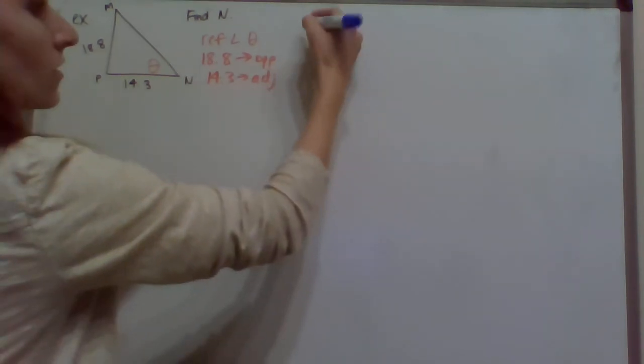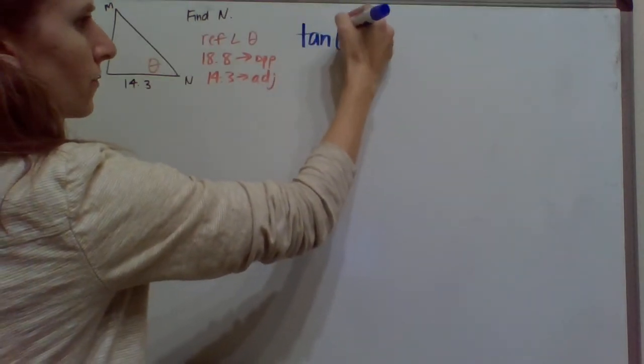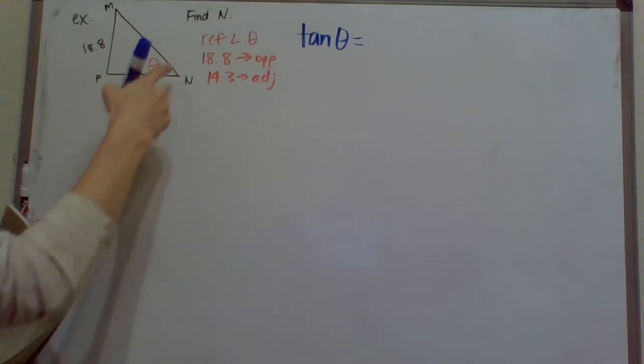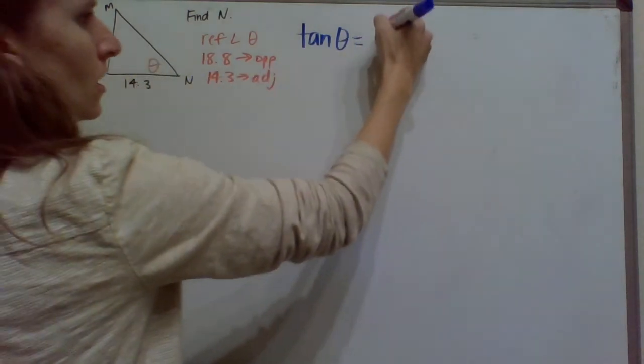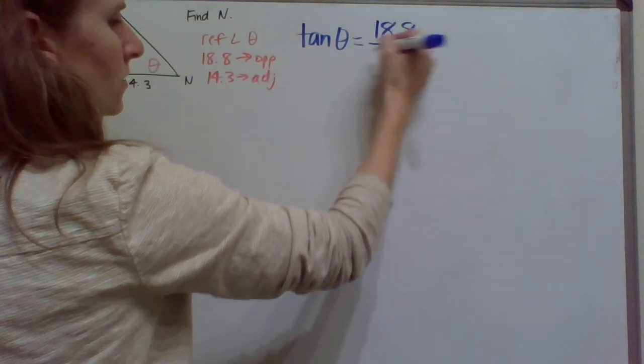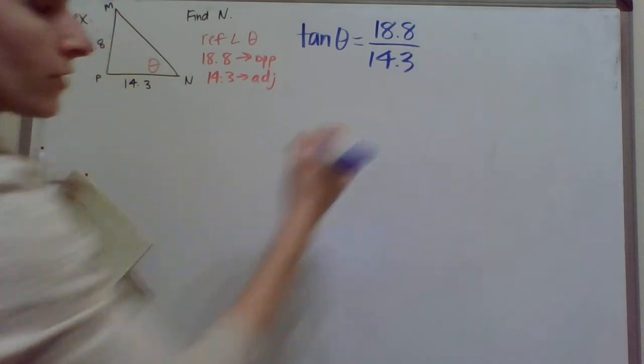If I use my SOHCAHTOA mnemonic, I realize I should be using the tangent ratio, because that one has opposite over adjacent. So the tangent of theta is equal to opposite over adjacent, which is 18.8 over 14.3.